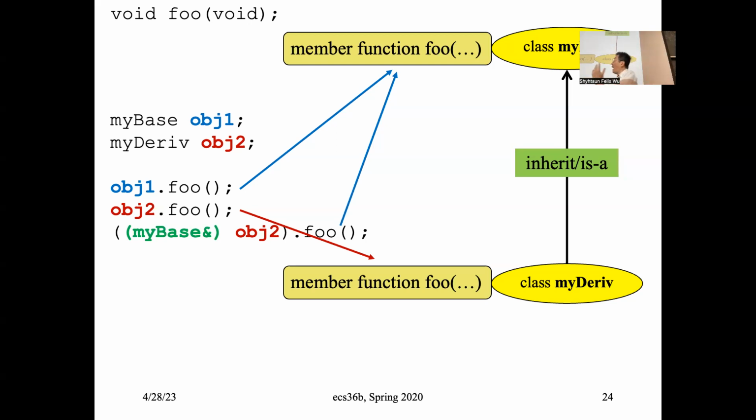And I realize I can interpret that as my base because of the casting. Therefore, I can determine which function to call at compile time. I don't need to wait until runtime to do that.